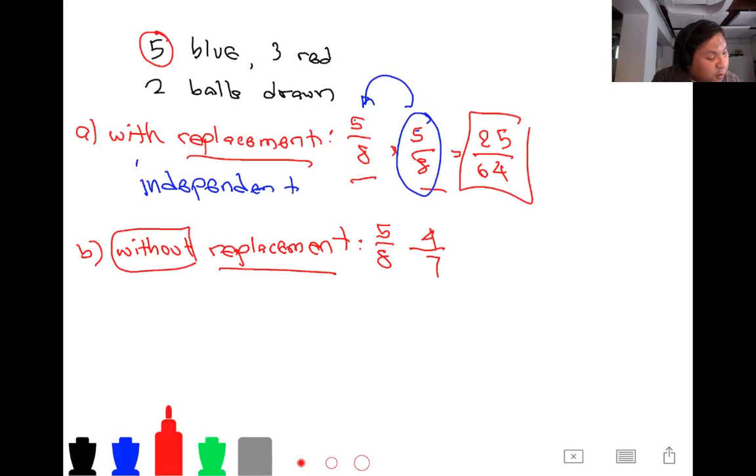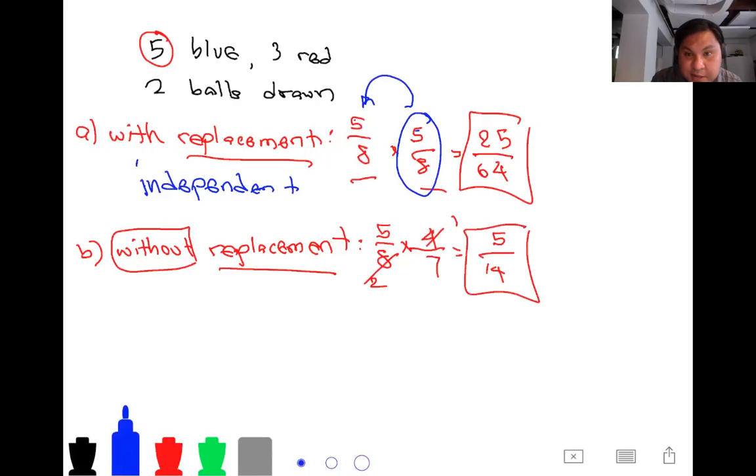And then, of course, you're going to multiply this. So 4 and 8, they cancel each other out. That's 1/2. So this is simply 5 over 14. Notice how this probability is different from the previous one. This happens because the probability changed since there was no replacement.